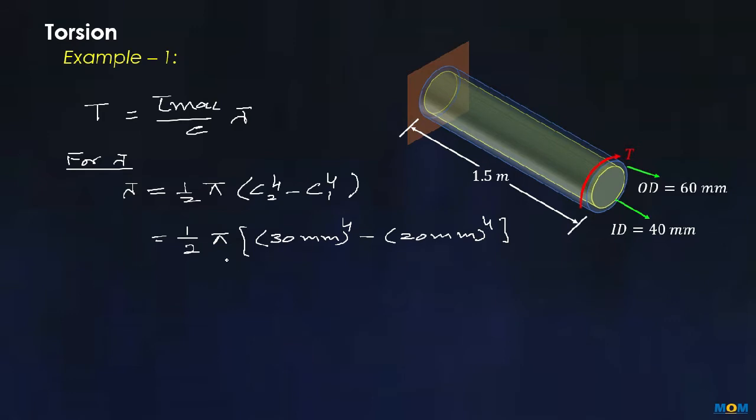After solving this, we get the value of polar moment of inertia, 1.02 into 10 raised power minus 6 meter 4.